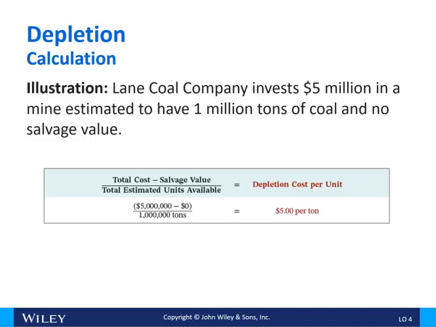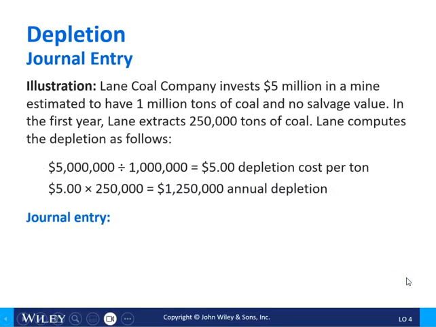So in this example, $5 million cost, no salvage value, divided by 1 million tons. So we get $5 per ton. Every ton of coal we extract is going to be $5 of depletion. So we have our depletion cost per ton.